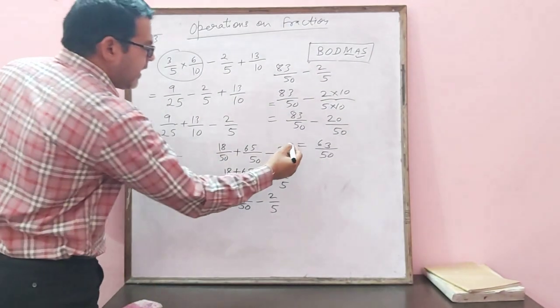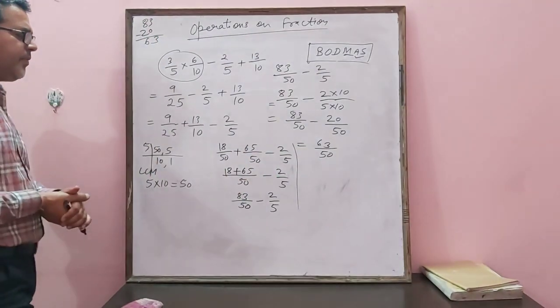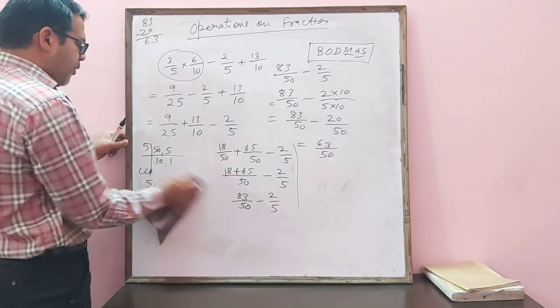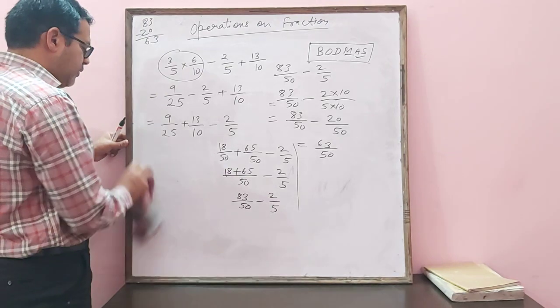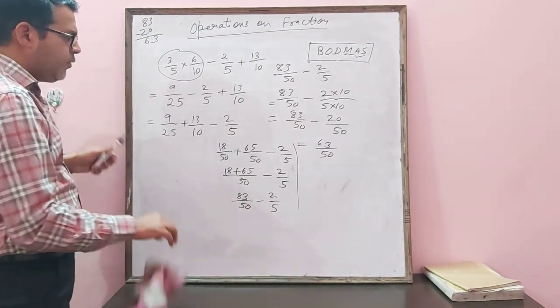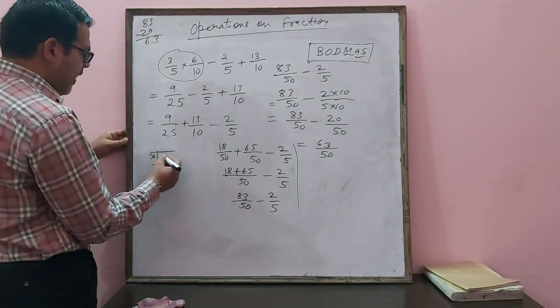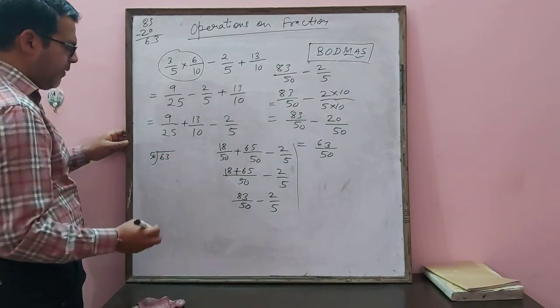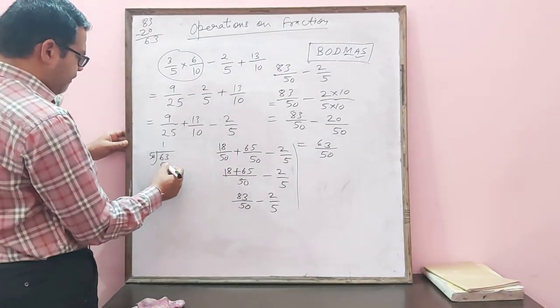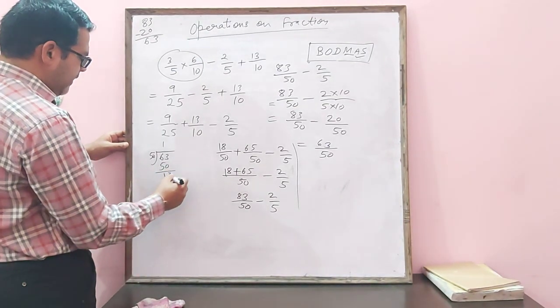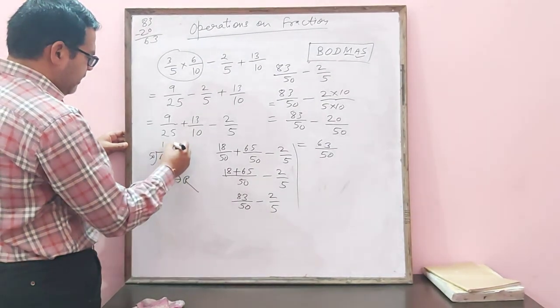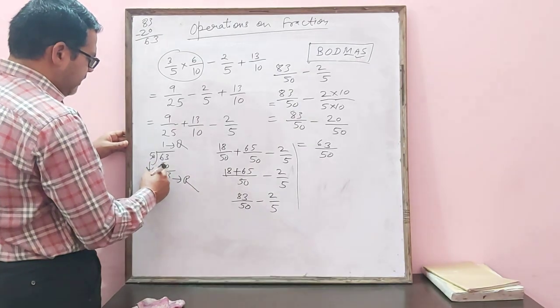Now you can see here 63 by 50 is improper, so we need to convert it into a mixed fraction. How? If you divide 63 by 50, one time, 13 is left. This is the remainder, this is the quotient, this is the divisor.